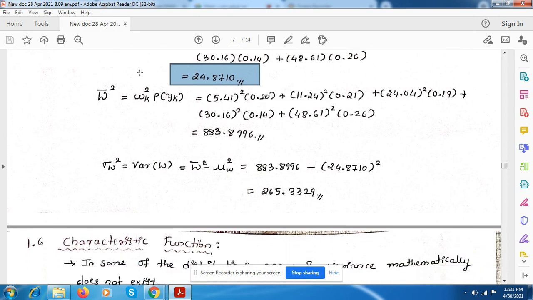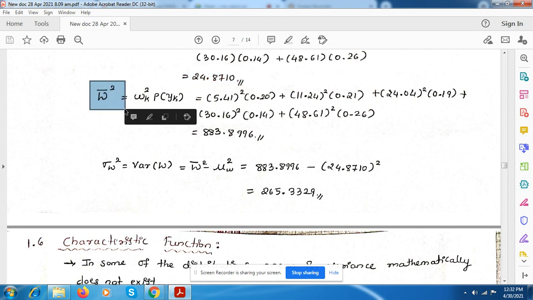So next for variance, we have to first calculate the second order moment of W, and then we have to subtract the mean square value. Here we have to first square the random variable wk and multiply it with the probability of yk, and then do the summation of all the values.